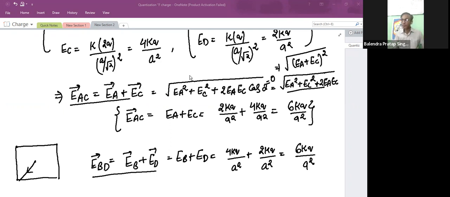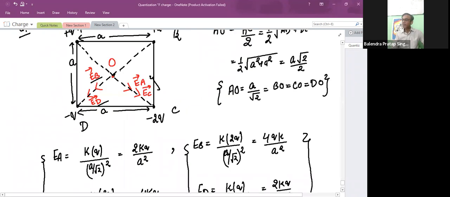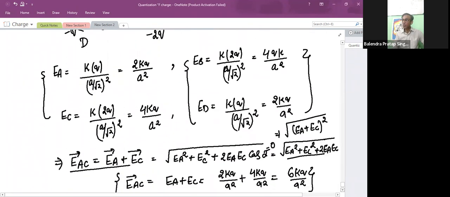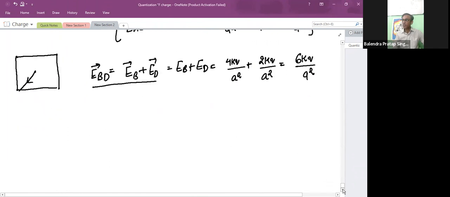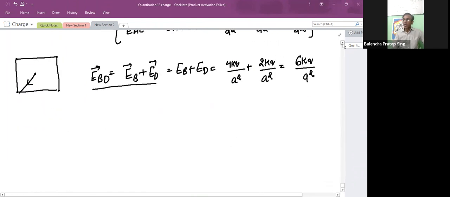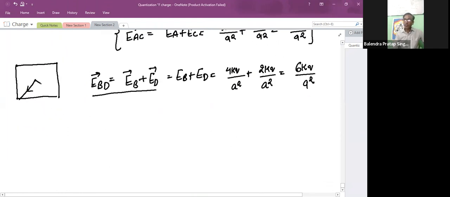Okay, so next we have to solve these two direction problems. One we solved. This is your EAC and EBD vector.